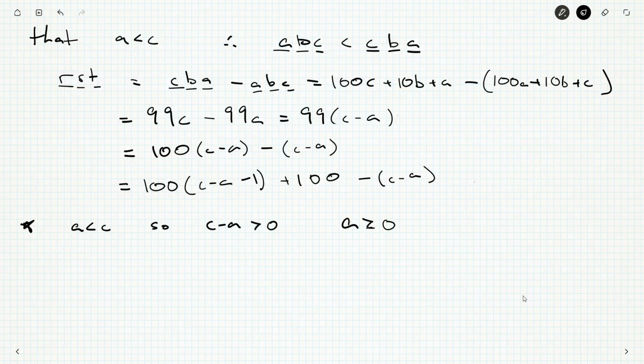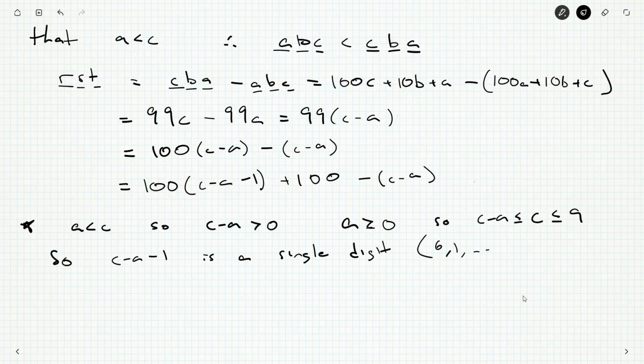So C minus A is less than or equal to C, which is less than or equal to 9. So C minus A minus 1 is a single digit. It must be from 0 up to, at most, 8. Someone might be able to argue that it's 9, but I don't think it'll ever be 9.